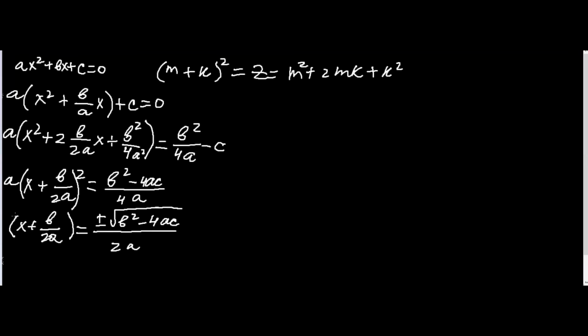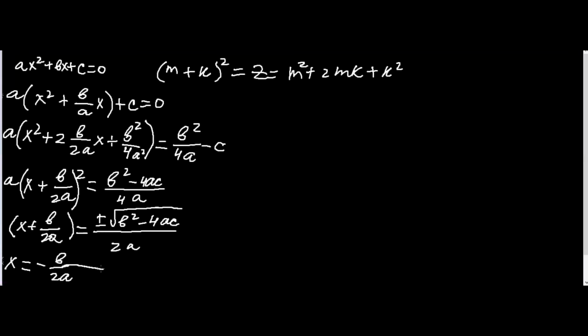Now to solve this x, we just need to subtract b over 2a from both sides of the equation. So we'll have minus b over 2a.